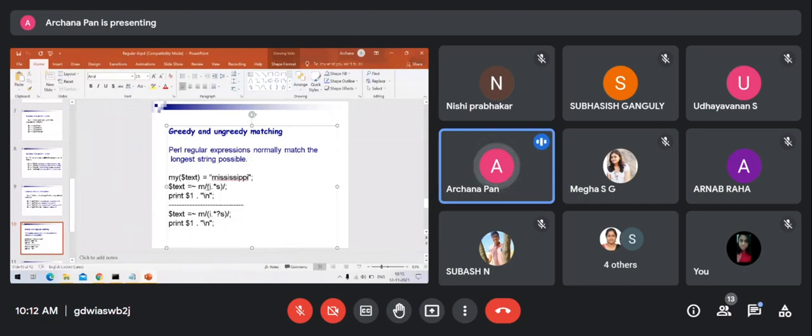So see this one, I, dot asterisk, star, then S followed by S. This is I, that means there should be some substring. This is the match operator, no?